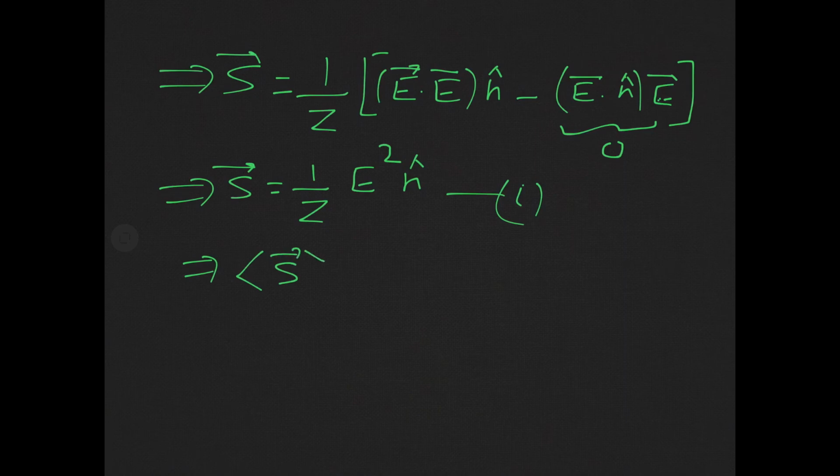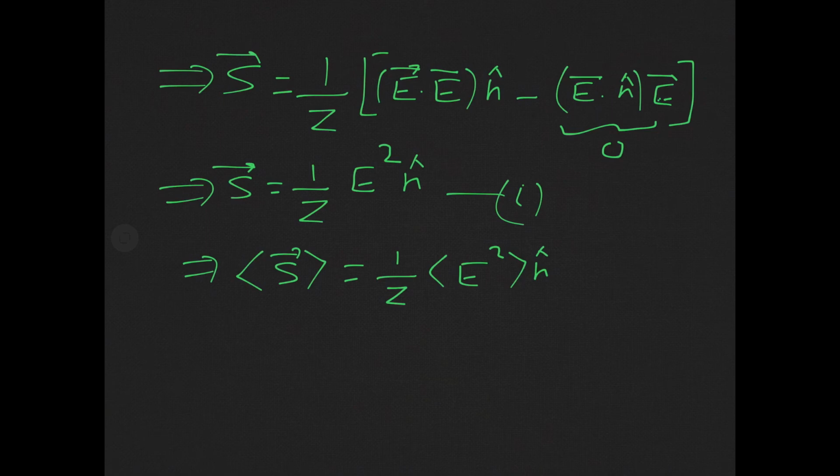Again, if we find the average value of this S, this will be equal to 1 over Z average value of E square into n hat.